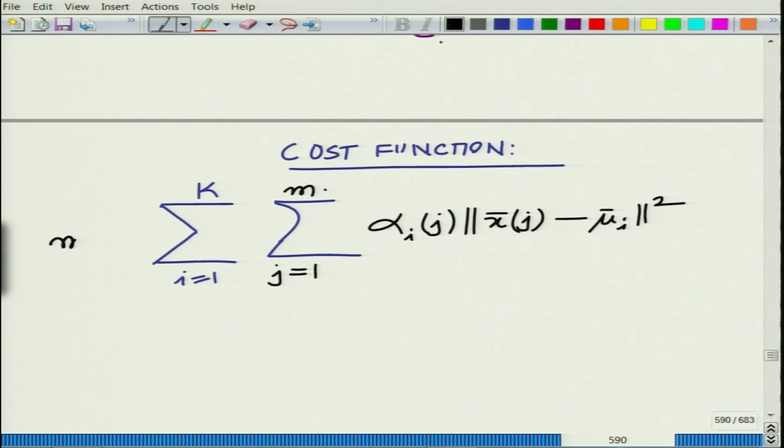So, we want to minimize this. This is essentially a distance, if you look at this norm of x bar j. Now, you remember mu bar i, this is the centroid of cluster i.